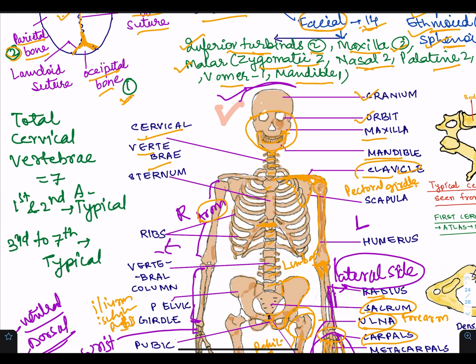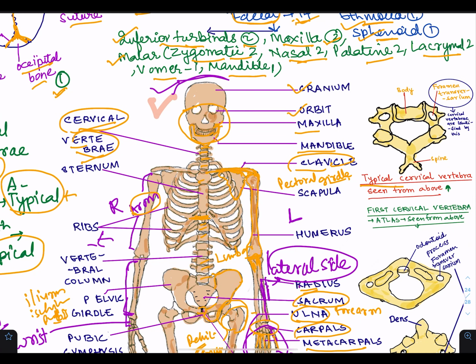Coming to the cervical vertebrae, the total cervical vertebrae are 7 in number. Out of them, the first and second are atypical. Atypical means different from the typical cervical vertebra, while the third to 7th are typical cervical vertebrae. Now let us see how a typical cervical vertebra looks from above.